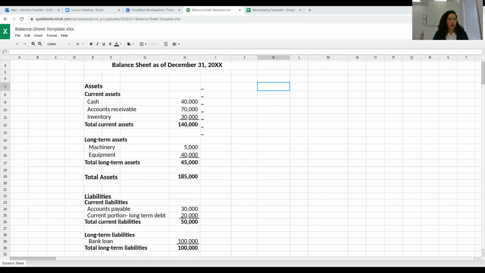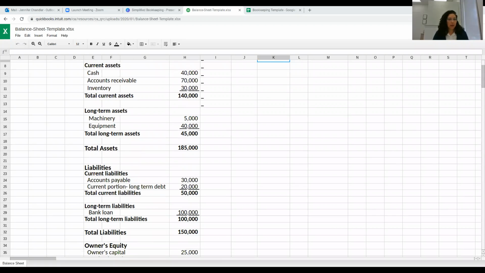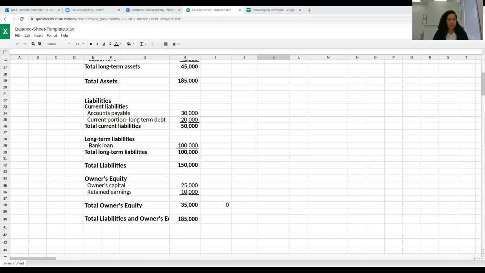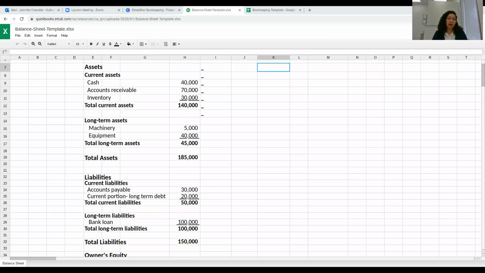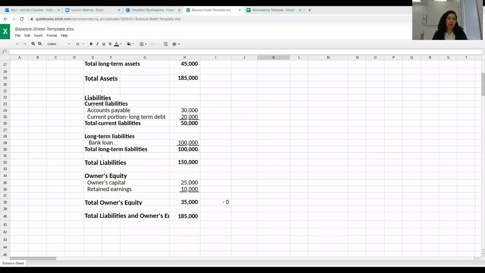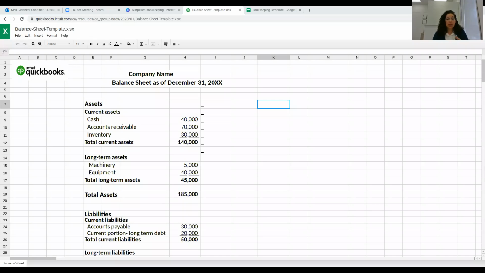It just goes over every asset you have, every liability, and your owner's equity, so how much you own in the company. And then it will come out with a total of how much the company is worth. So you could just plug in your own numbers there and use that if you like. The link is in the presentation, which you will get after, so you can just take a look at that yourself if need be. And I think that's it.